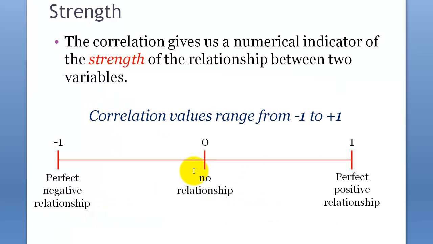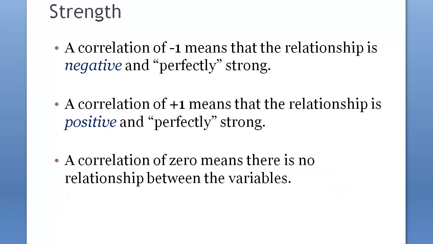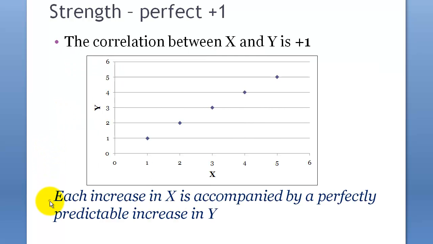The correlation gives us a numerical indicator of the strength of the relationship between the two variables. That's what I was saying. The max can only be 1 or -1. And 0 means absolutely no relationship. See, that's what I was talking about.